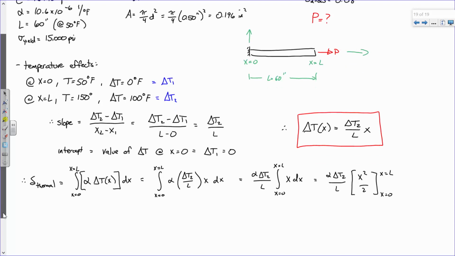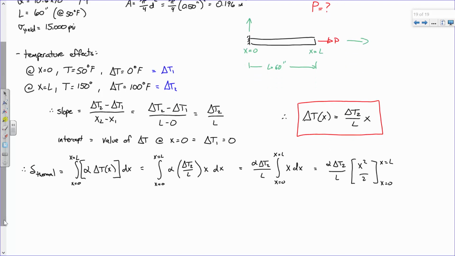Now what happens here? I plug in the top value minus plug in the bottom value. When I plug in the bottom value, I'm just going to get 0, right? For the top value, I get L squared over 2. So bring the 2 out, and then the L's cancel, right?